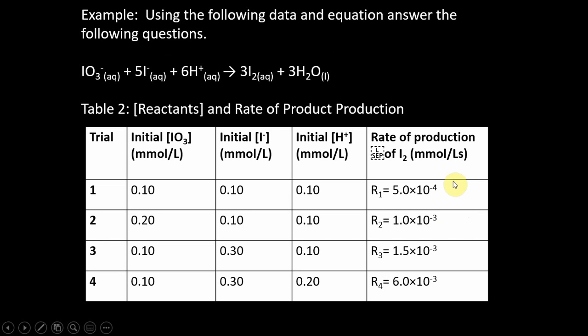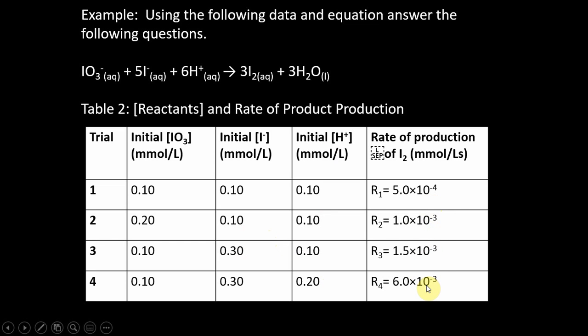Okay, here's another example. So if we look at how, let's say, the concentration of IO3, if we double that, then what happens to our rate? It doubles as well. If I, let's say, double my, let's look at these ones, the first one and the fourth one. So for the hydrogen, if I double the rate, okay, it actually is a third order here.